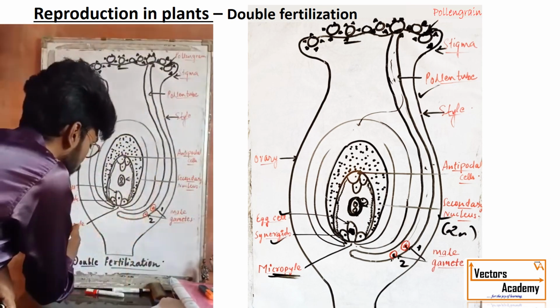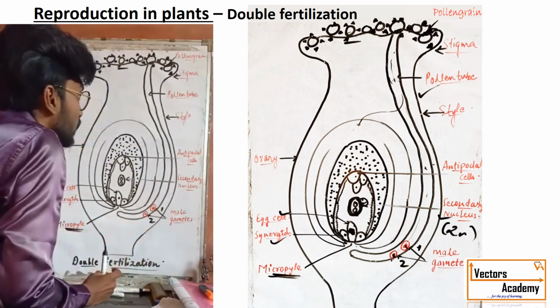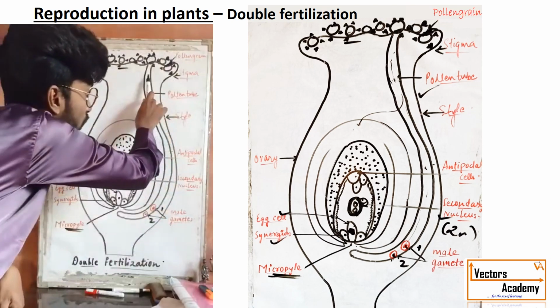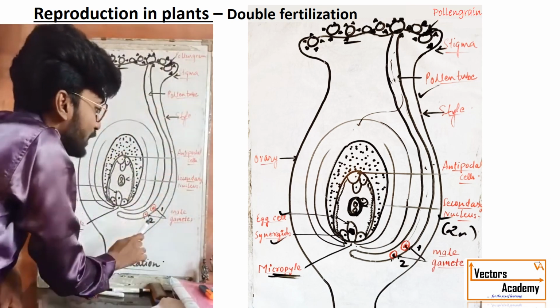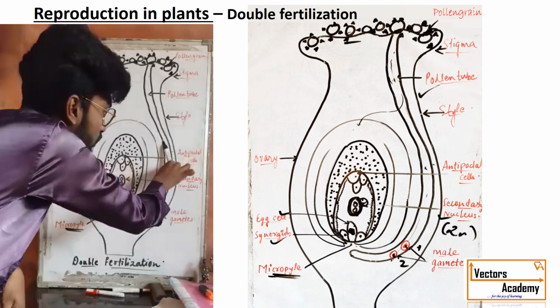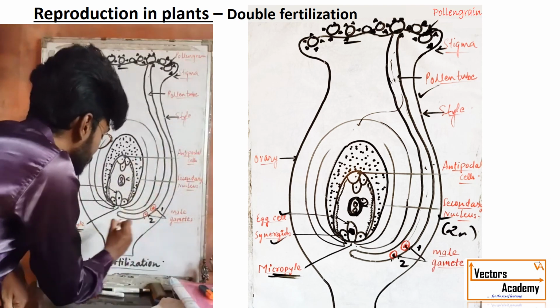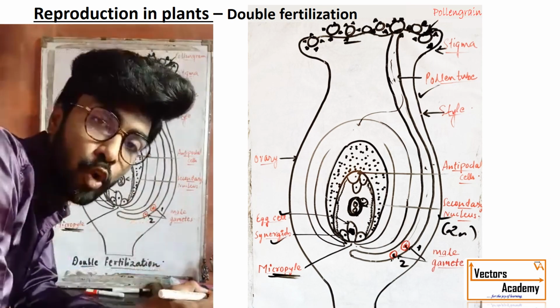This is the stigma, this is the style, and the tube will reach the terminal end of the micropyle.